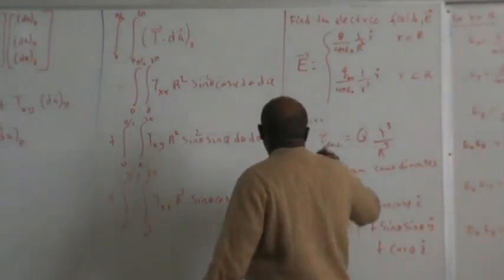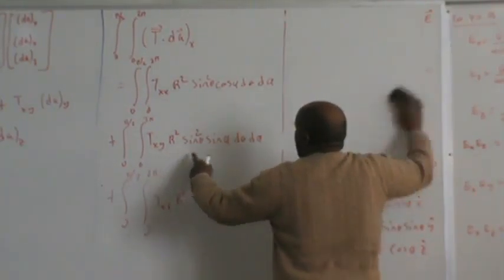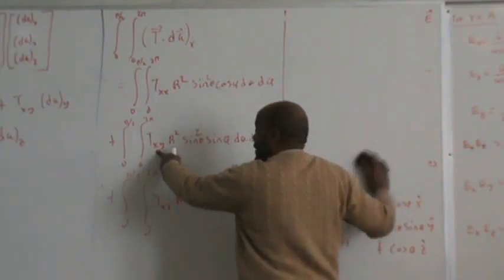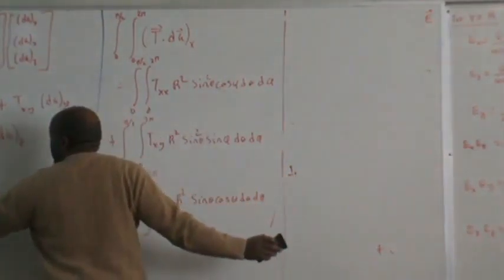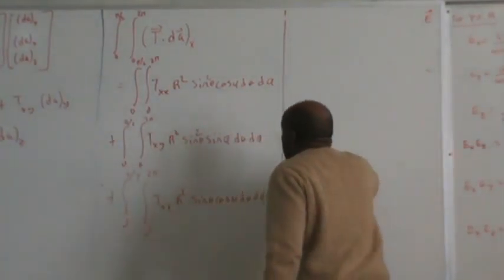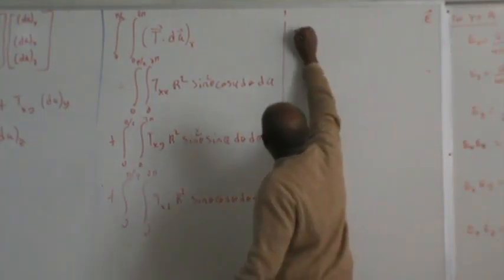Now let's look at this one, all right? So if you replace the xy, which is epsilon naught times xy, what do you get for txy?